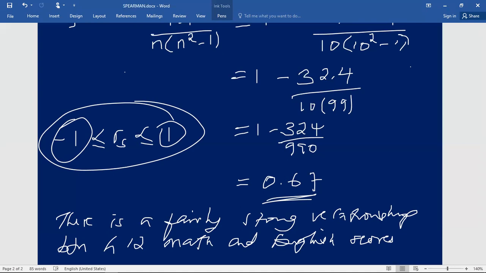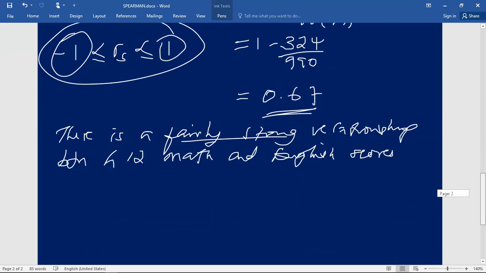You can form the English properly. So that's the idea. So 0.67, it means it's fairly strong. It's not very strong. So the key word there is fairly strong.